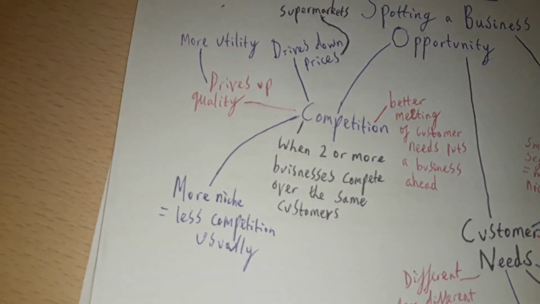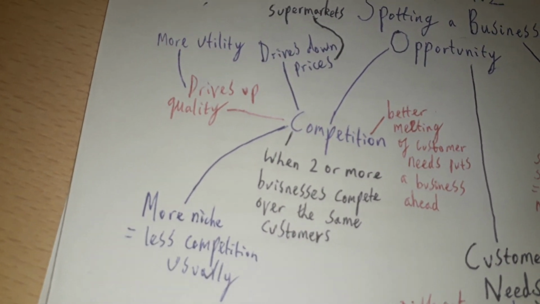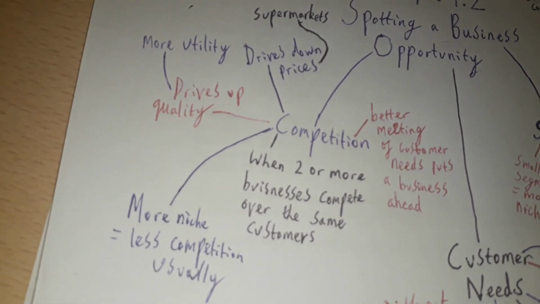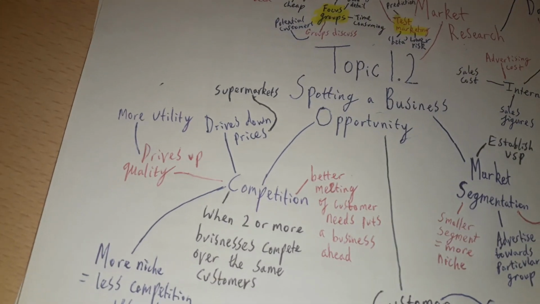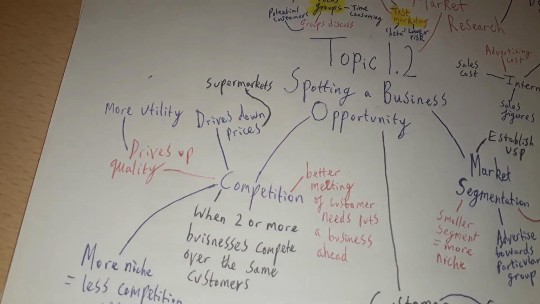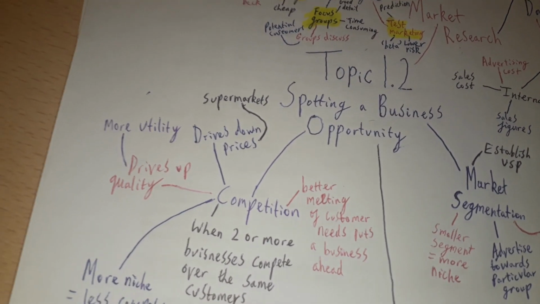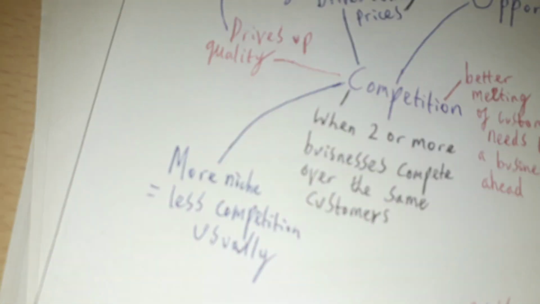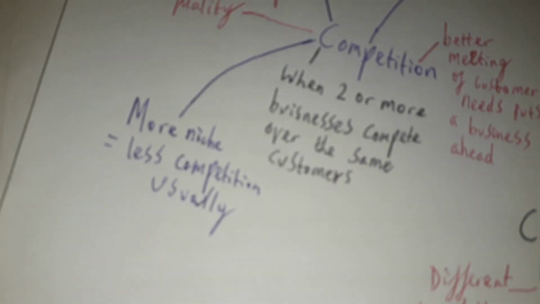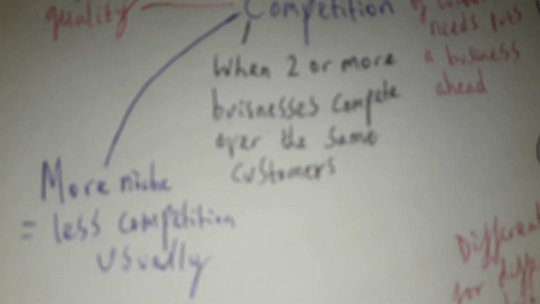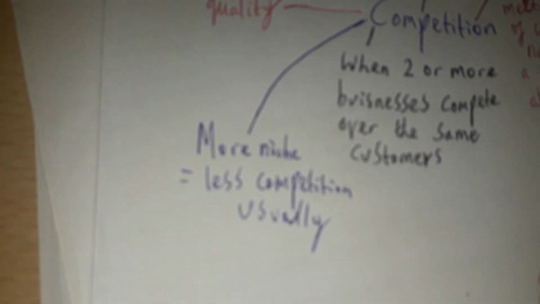Another thing about competition: if a segment is more niche or a product is more niche, there's normally less competition, because if you're targeting a very small group of people, not a lot of businesses will try and do that in the same way.